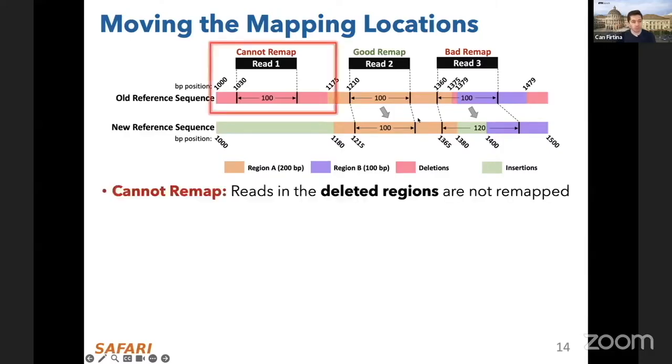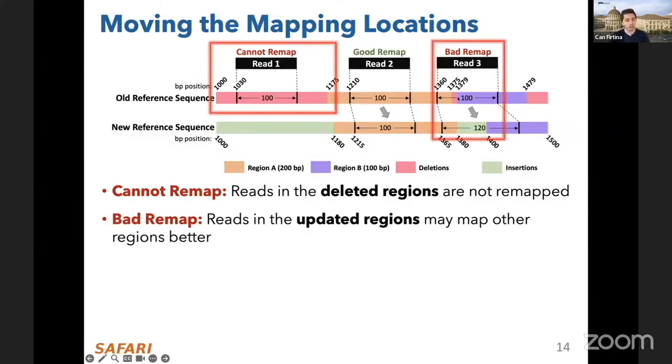But there are also bad remappings. We label them as cannot remap and bad remap. Cannot remap are the reads that fall under the deleted or retired regions. They cannot be remapped, so we're missing the information there. There are also some bad remaps. These reads fall under the updated regions, and there are some differences here.